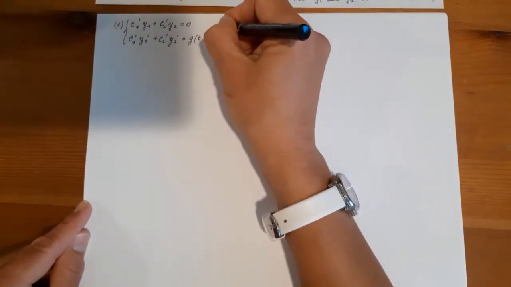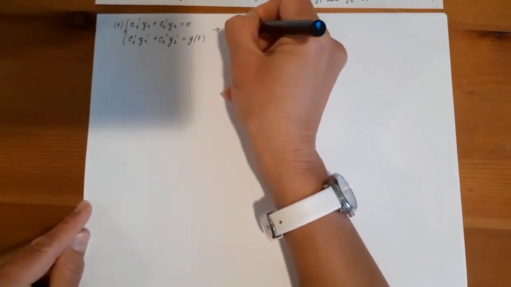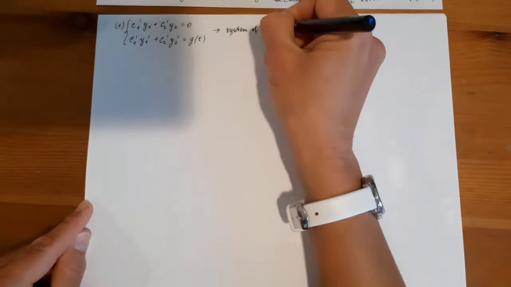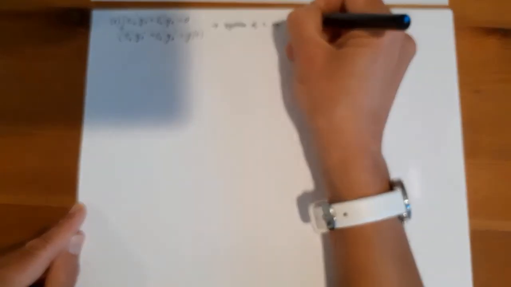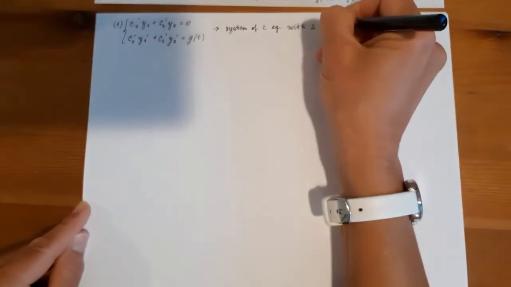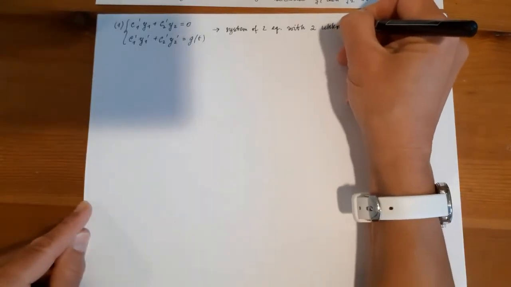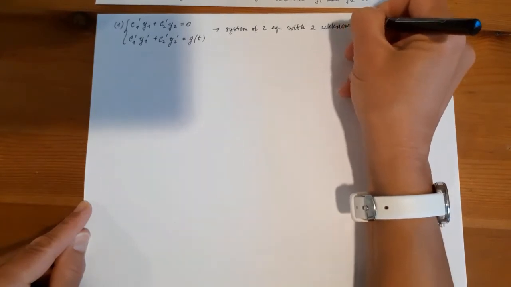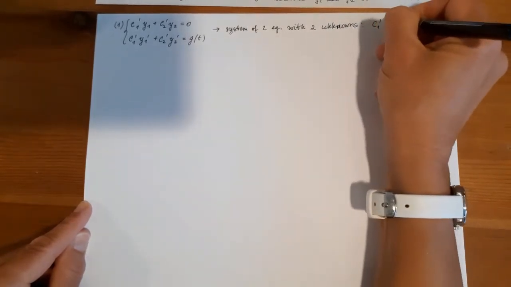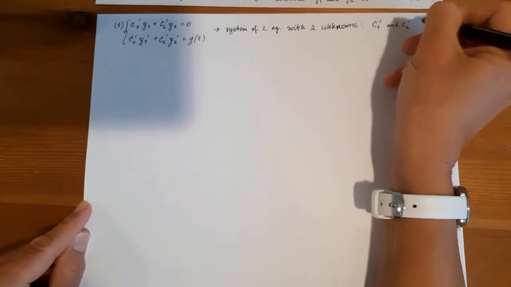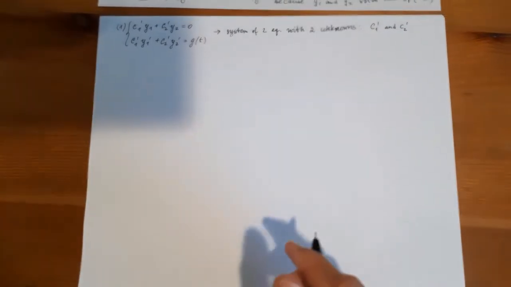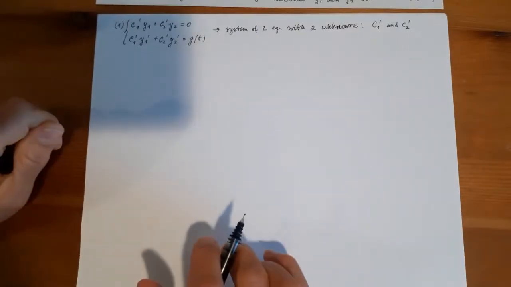So this is a system of two equations with two unknowns, C1 prime and C2 prime. And we can actually solve it. It's not very difficult to solve it in general.